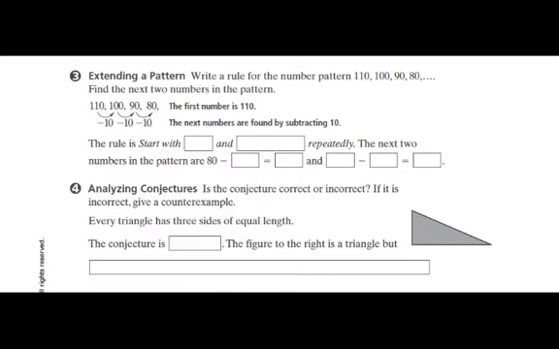So the rule is start with 110 and subtract 10 repeatedly. The next two numbers in the pattern are 80 minus 10, which is 70, and then 70 minus 10, which is 60. Pause the video at this time if you need more time to finish this example. Don't forget to record any questions you have.